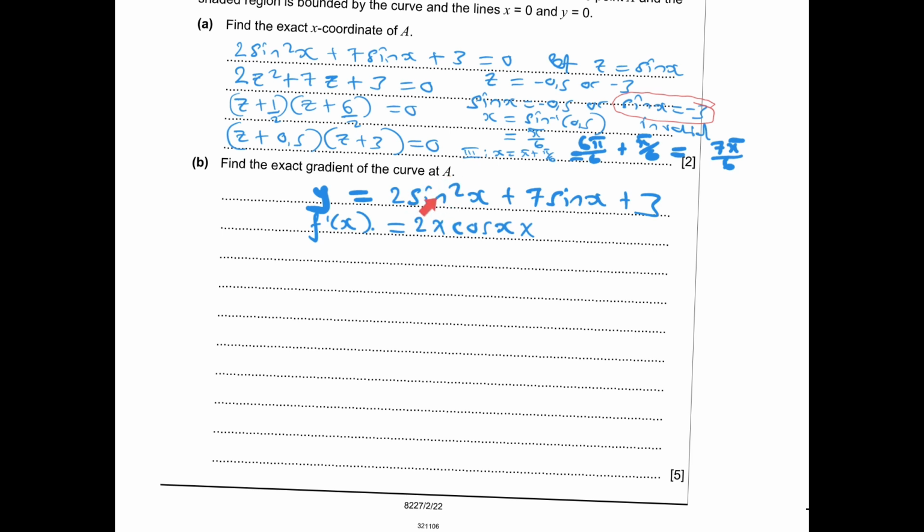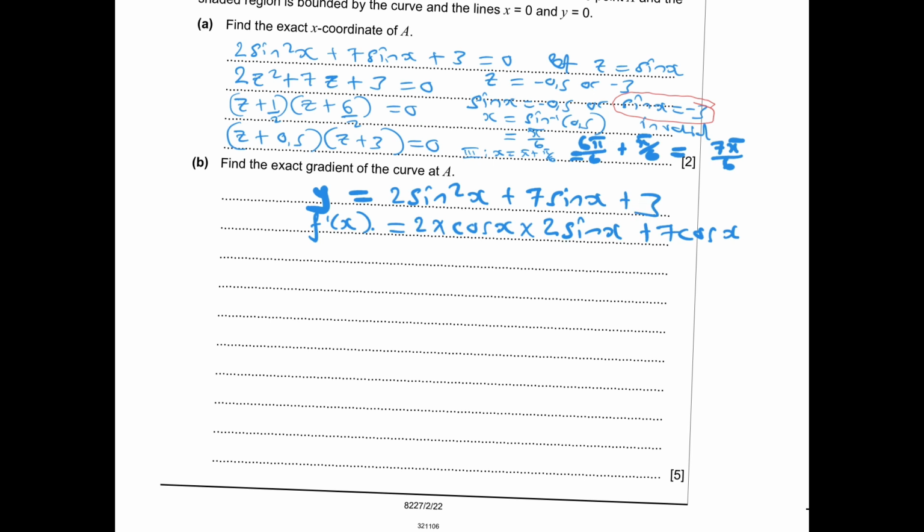So if we differentiate sine squared x, what are we going to get? We are going to get 2 sine x. Right, because we've already differentiated the inner function, which is sine x. And then differentiating this part here, that will give us 7 cos x. And of course, the derivative of 3 is 0.